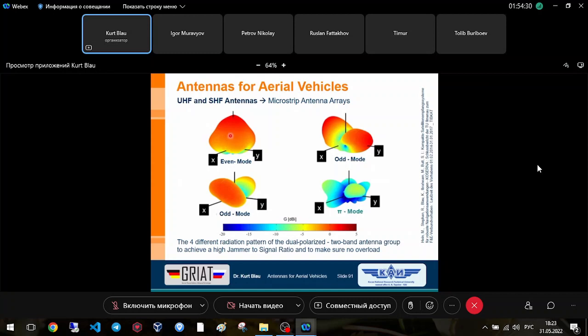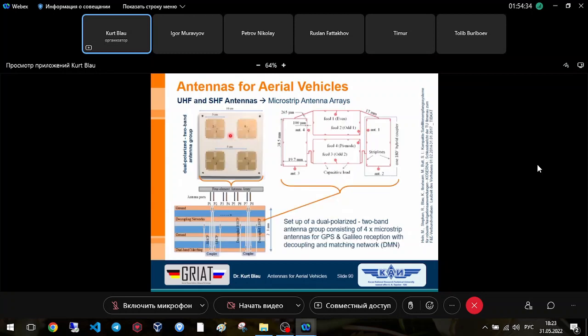Means the array has at least 4 different feed points, but not the antenna element itself.